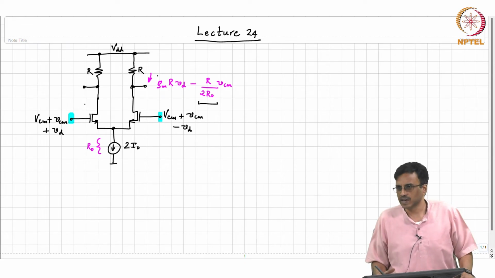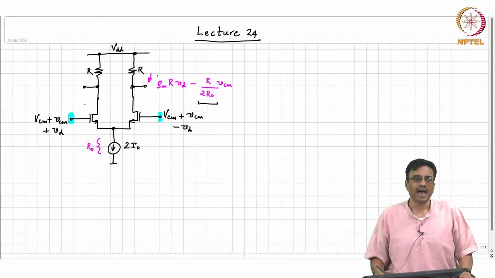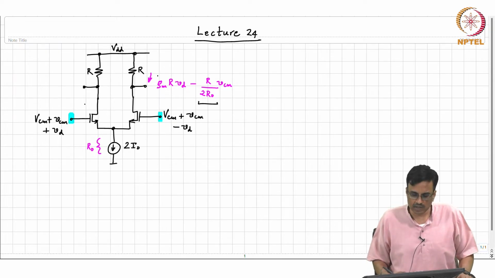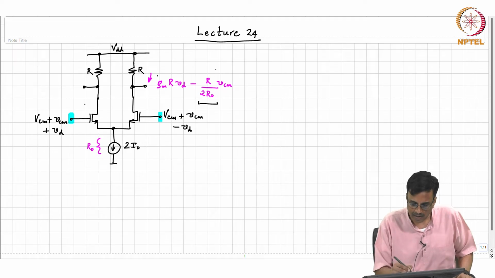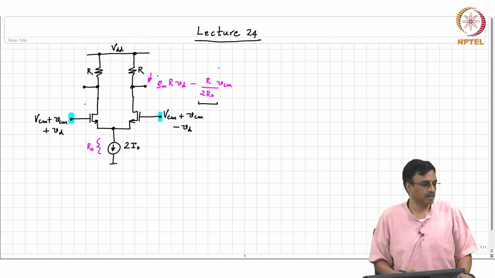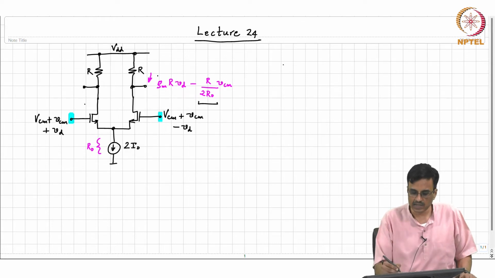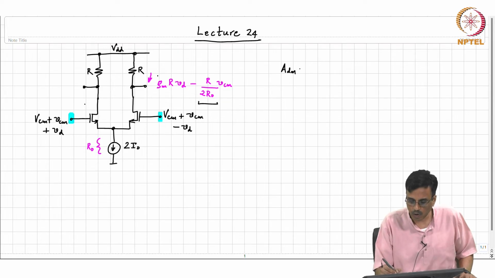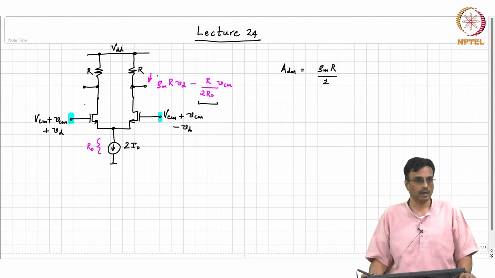Like in a common source amplifier, the gain is not as large as we'd like it to be. If the common mode gain is assumed to be negligible, we see that the gain for differential signals, ADM as we called it, is gm R by 2, correct.